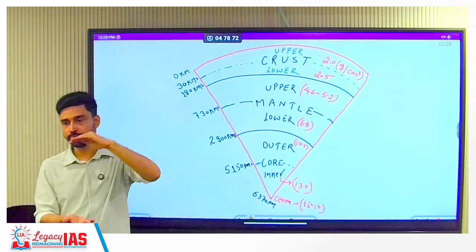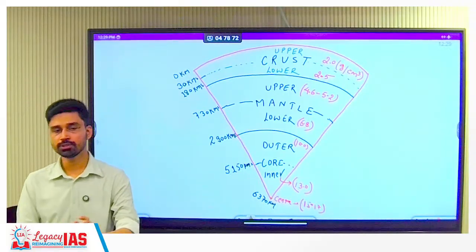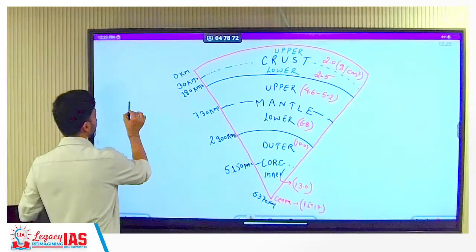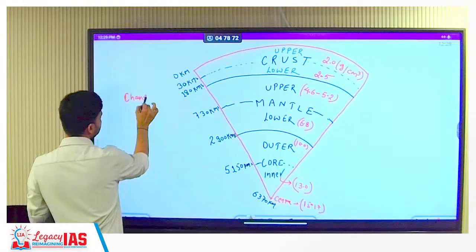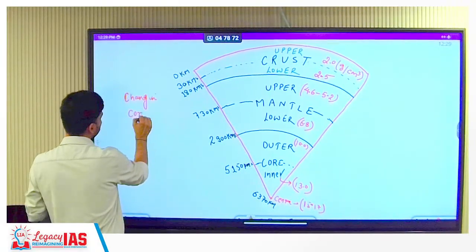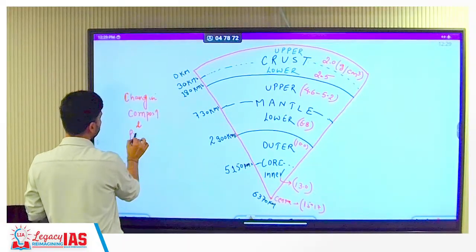So what is going on? Pressure continuously increases. As pressure continuously increases, what happens? Density also increases. So that is the reason. Density changes because of change in composition and increase in pressure.